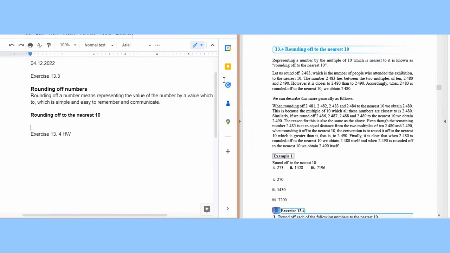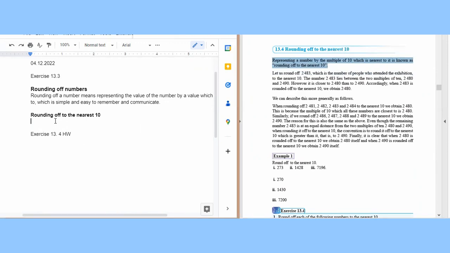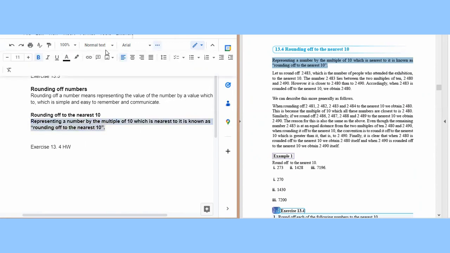Rounding off to the nearest 10, representing a number by a multiple of 10 which is nearest to it, is known as rounding off to the nearest 10.